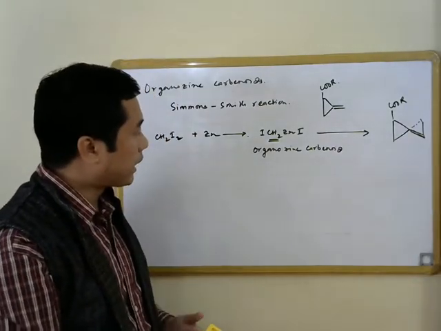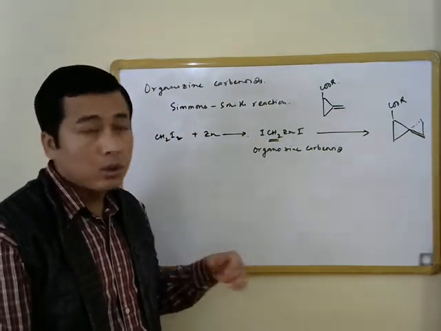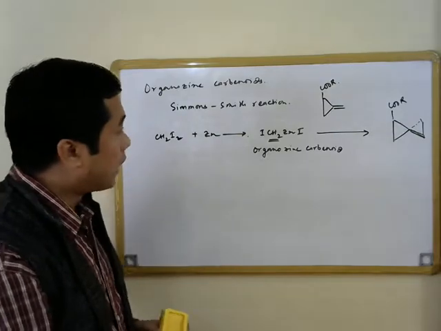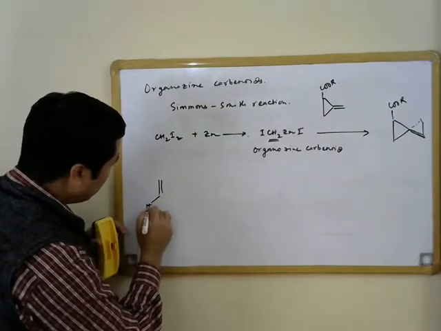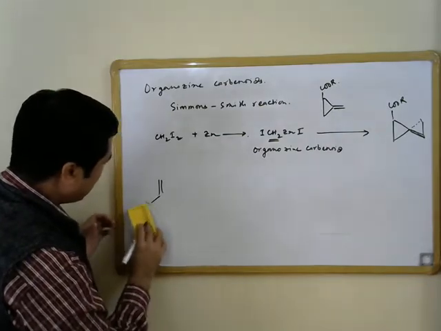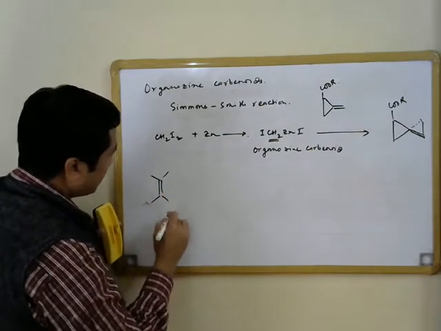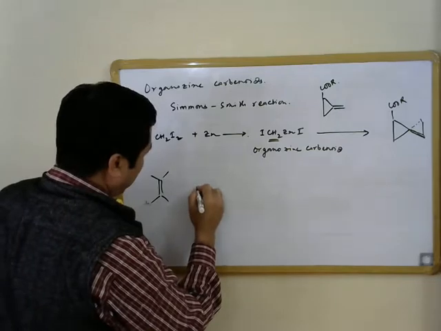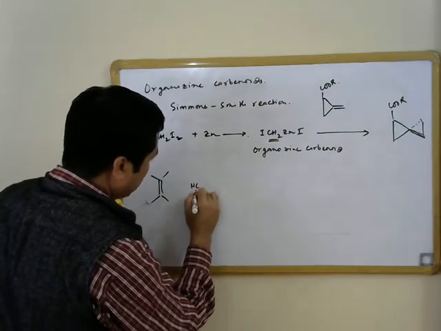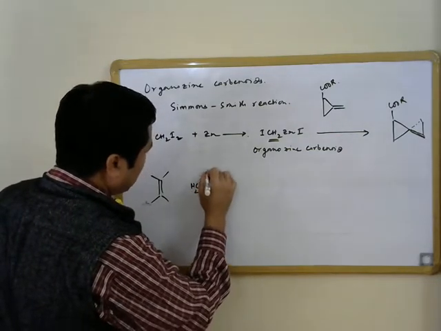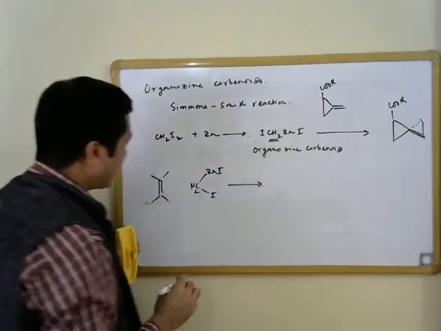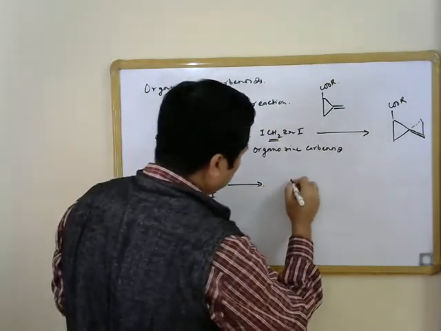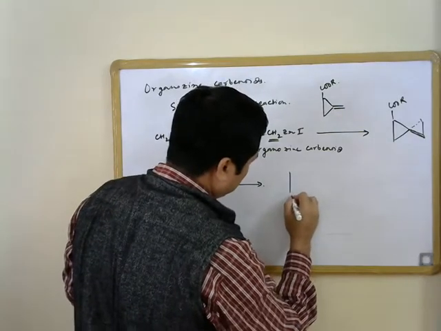If you look at the mechanism, this reaction proceeds through a concerted mechanism where, if I take the double bond and add this, a concerted reaction is going to take place wherein the CH2 is going to be added to this double bond.